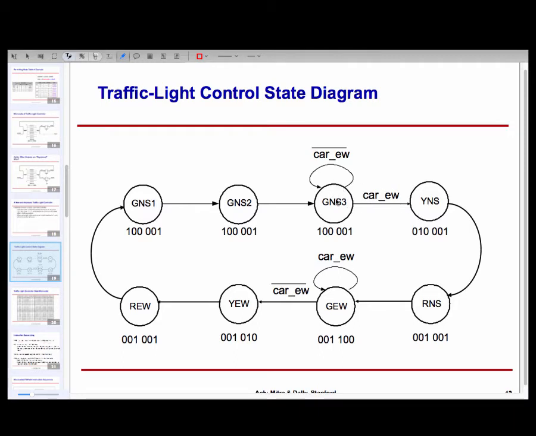So this is essentially saying, if car east-west equals 0, stay put, that is, next state is the current state, else next state is equal to state plus 1, because the way we have coded this, it is numerically 1 higher.